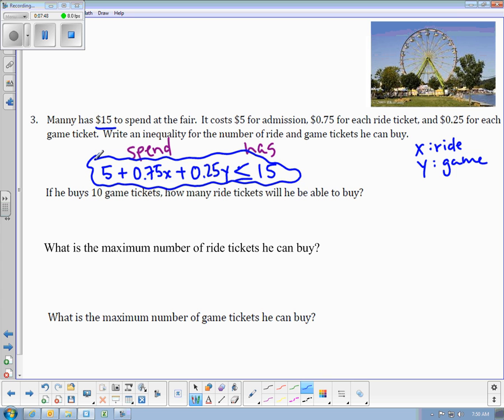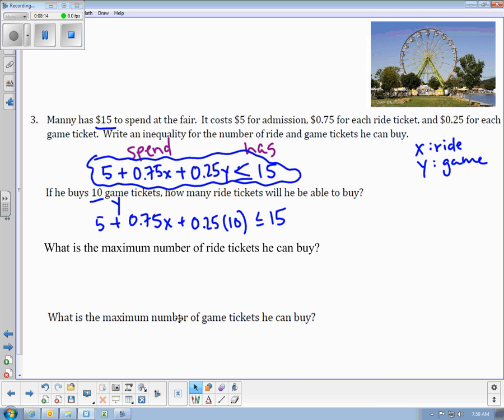Then in the next part, if he buys 10 game tickets, how many ride tickets will he be able to buy? So then I want to take this 10 and plug it in for the game tickets, which is Y. So I have 5 plus 75 cents times the ride tickets, which we don't know, plus 25 cents times the game tickets, which are 10, and I want that to be less than or equal to 15.